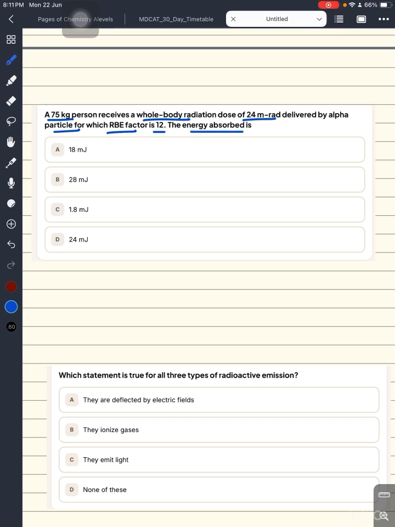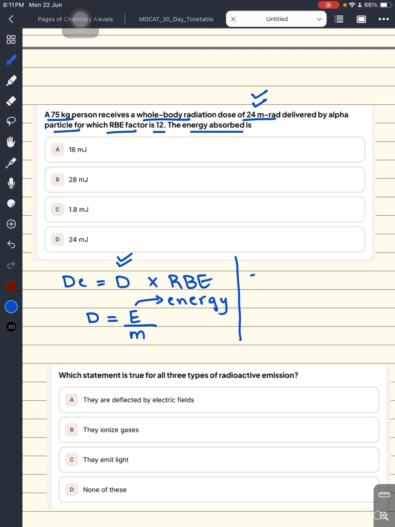Firstly, we know this formula: D is equal to E upon M. We have to find this E. We have 24 mrad, meaning 24 multiplied by 10 to the power minus 3 rad.